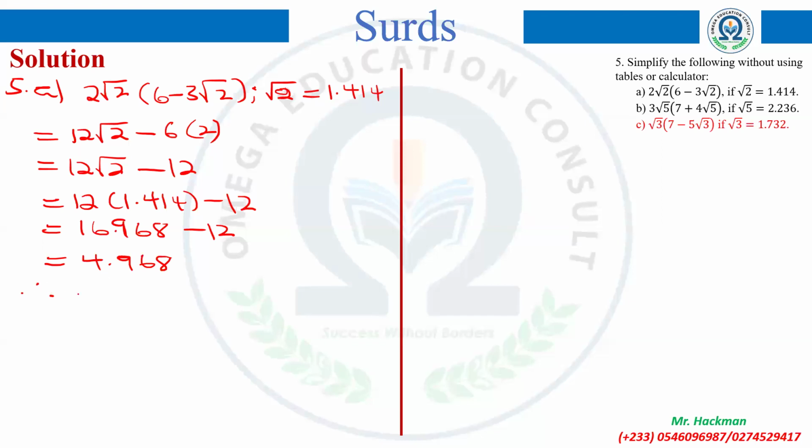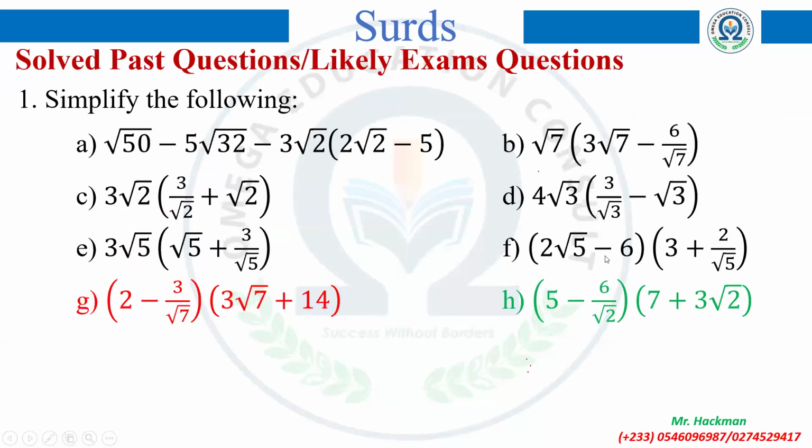Therefore, 2 root of 2 into 6 minus 3 root of 2 is equal to 4.968. So it's the same thing that you will do here: expand before you carry out your substitution. As simple as that.